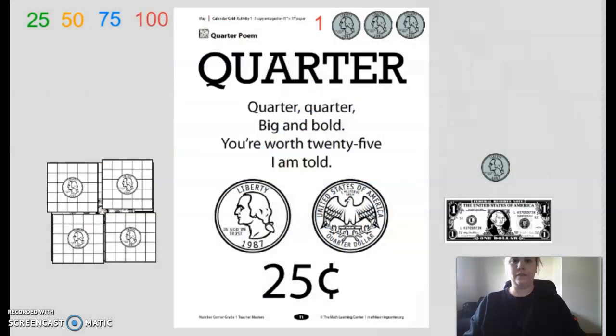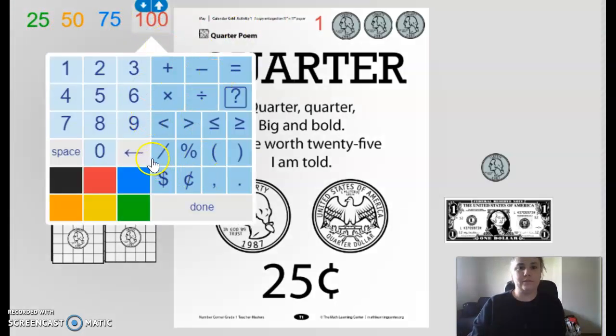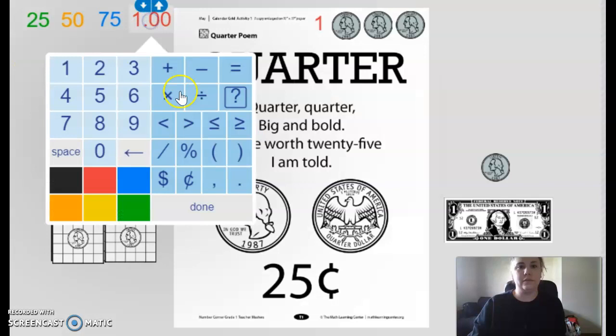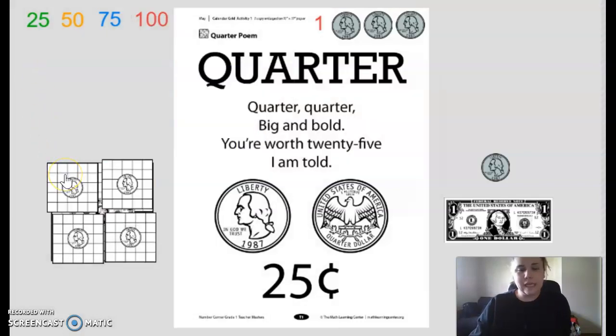Make it red. So there we go, 25, 50, 75, $1. I actually like it as 100 better. Okay, I shouldn't be that picky. So just like we said, it is 75 cents so far, so we do not have $1 yet.